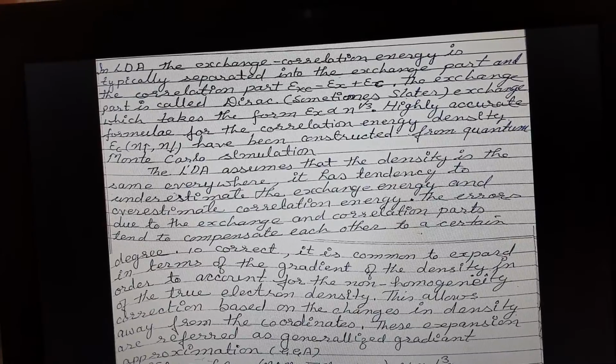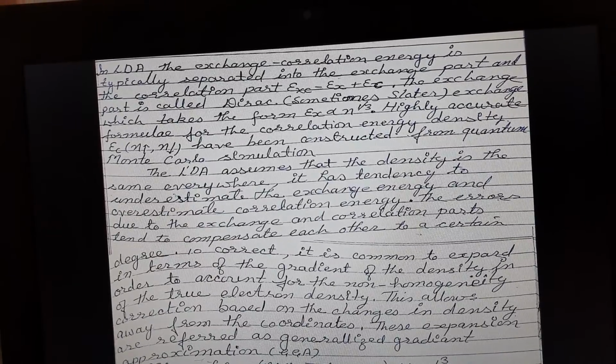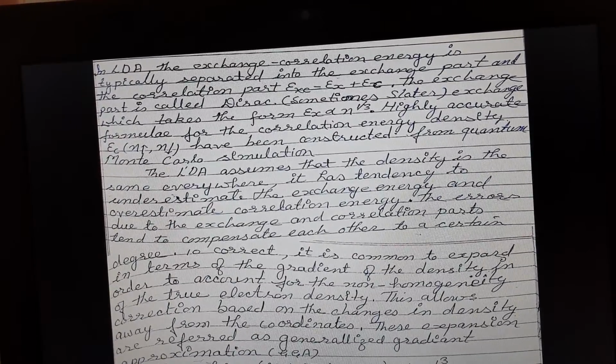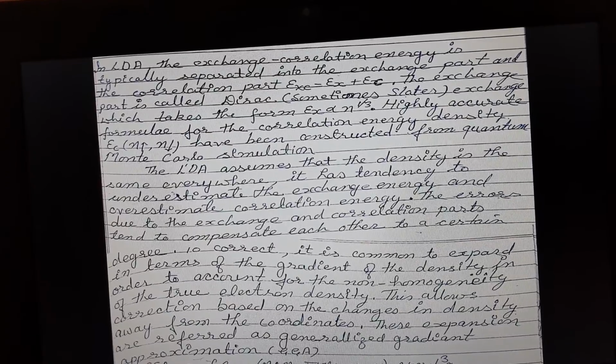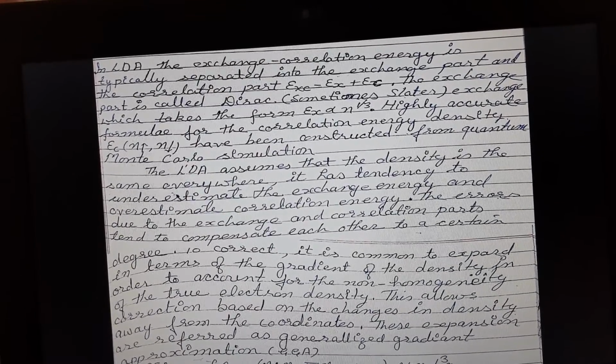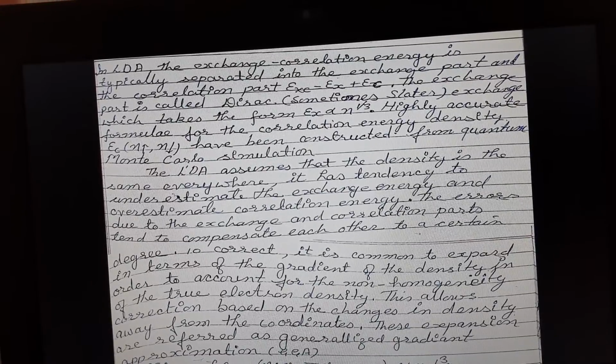In LDA, the exchange correlation energy is typically separated into the exchange part and the correlation part: E_xc equals E_x plus E_c.